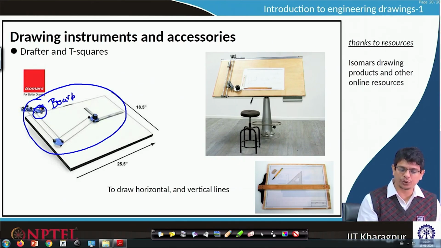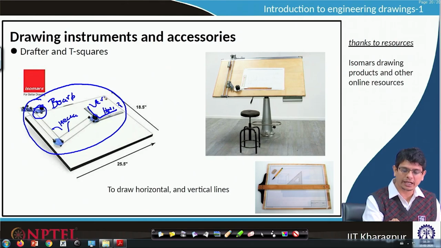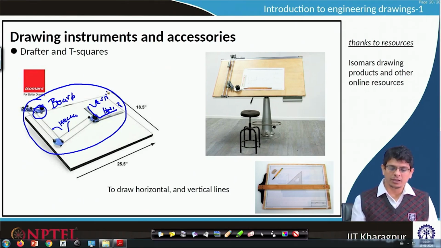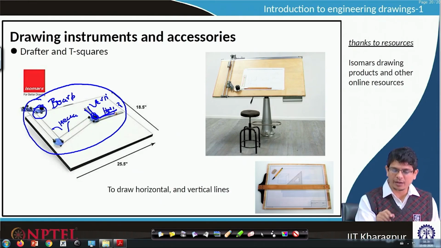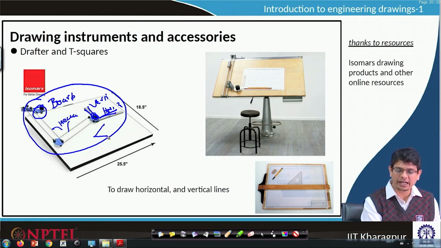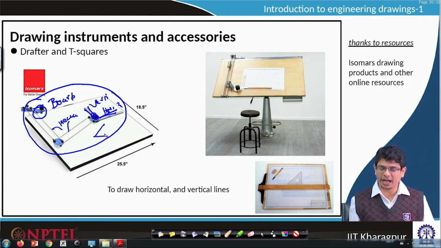By screwing and unscrewing, one will be in a position to connect that clamp, and it has mechanical bars through which one will be in a position to achieve horizontal and vertical directions. By unscrewing, this measuring scale can be rotated, and any inclined direction also it can be assembled.